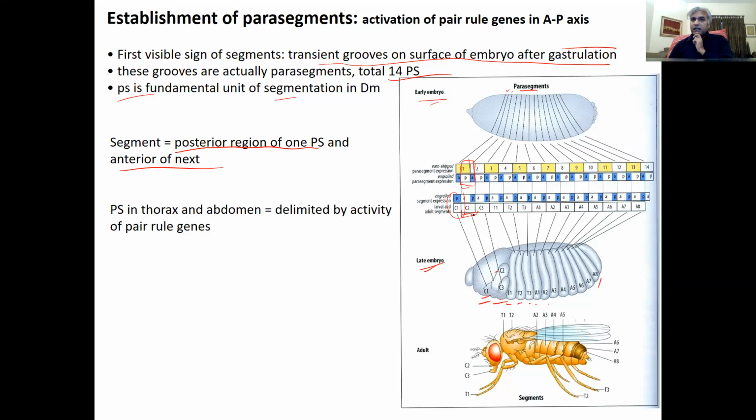Because this is a segment, cells in this segment have a compartmental boundary not only to the next one, but within. These cells, anterior, which were posterior of parasegment 1, and posterior of C2, which were anterior of parasegment 2, are never going to mix with each other. We call them compartmental boundaries.